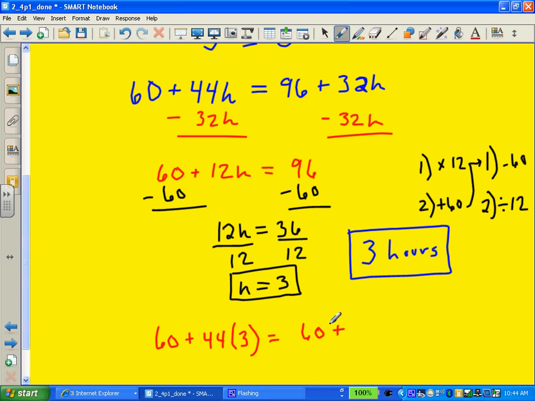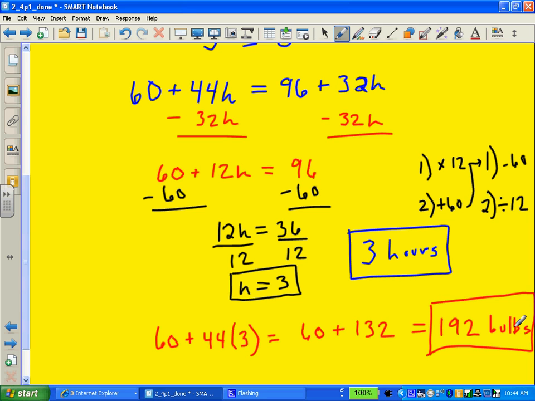Well, let's see. 44 times 3, it's 40 times 3, which is 120, plus 12, that's 132. And 60 plus 132 is 182. Nope, not 182, 192. So that's the answer to our second question. In 3 hours, they both will have planted 192 bulbs.